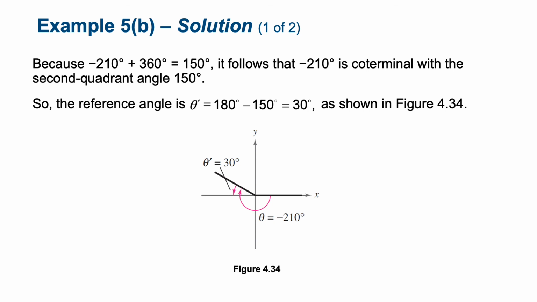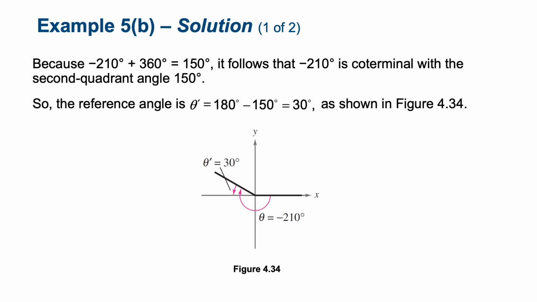Now let's do tangent of negative 210 degrees. 210 degrees in the negative direction takes us past pi in the negative direction and leaves us in quadrant 2. What's the reference angle? I can do this one of two ways. I can think of it as 210 minus 180, the difference is 30. Or I can use a coterminal angle: when it's negative, we add 2 pi, or in degrees, add 360.